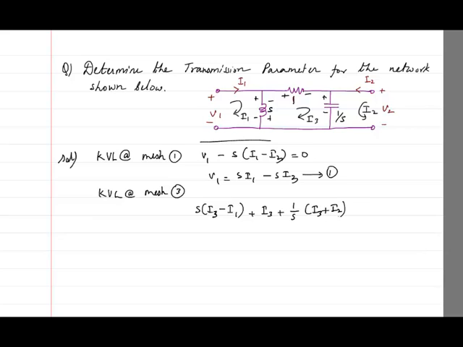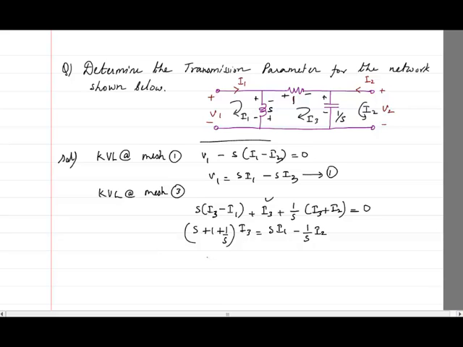Why plus I2? Because it's the same direction as I3. From which I can try to separate out I3. So S for this I3, plus 1 for the second case, for the third case plus 1 by S I3, is equal to the I1 term, which I will take to the other side, which becomes S I1, and the I2 term also I will take to the other side, which becomes minus 1 by S I2.